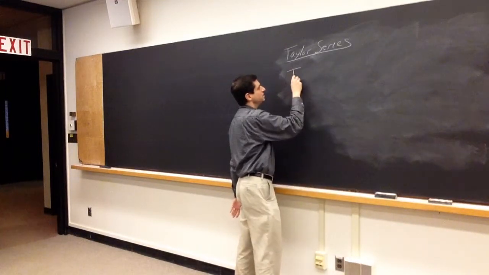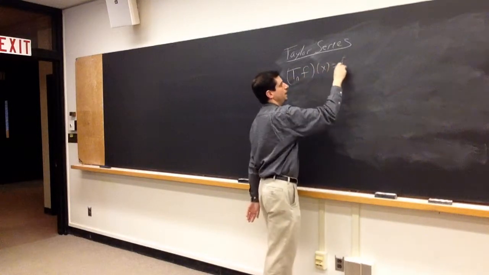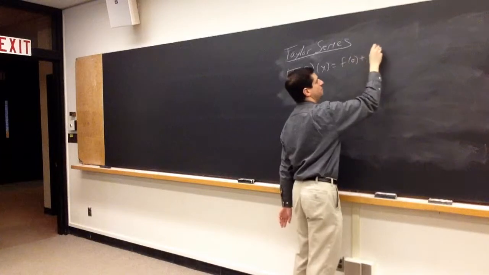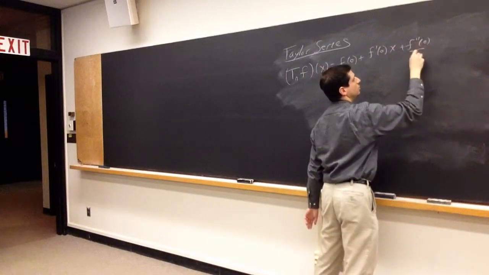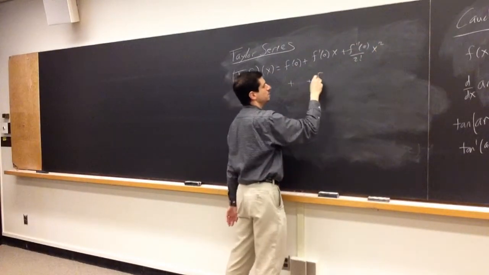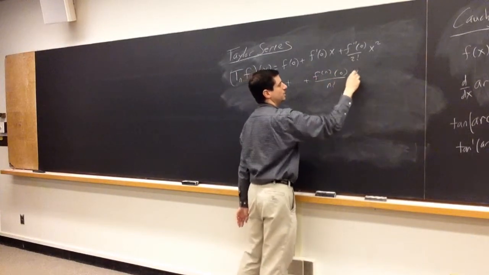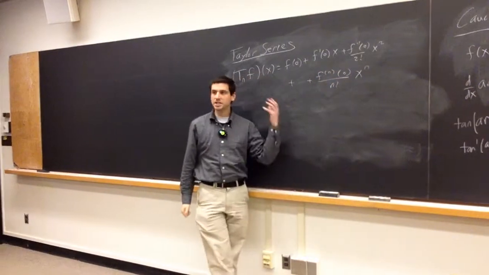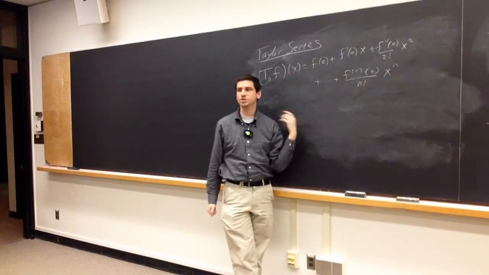So the Taylor series of order n of a function f at x would be f of 0 plus f prime of 0 x plus f double prime of 0 over 2 factorial x squared plus dot dot dot plus the nth derivative at 0 over n factorial x to the n. And the idea is, in general, the more terms you take, the better approximation this will give to your function.